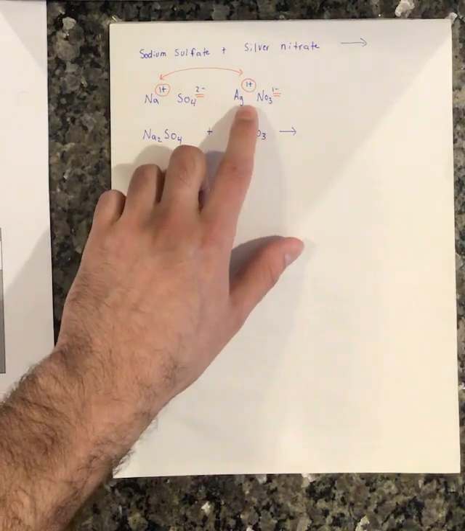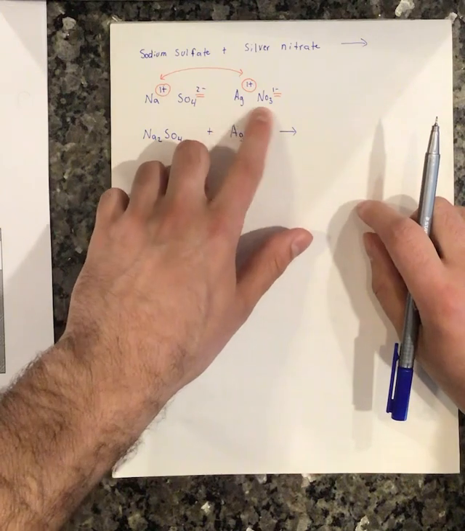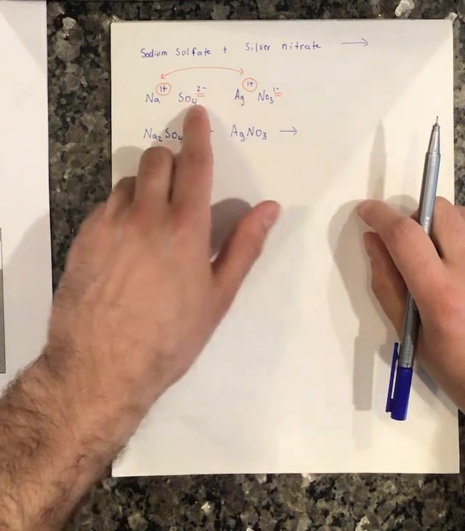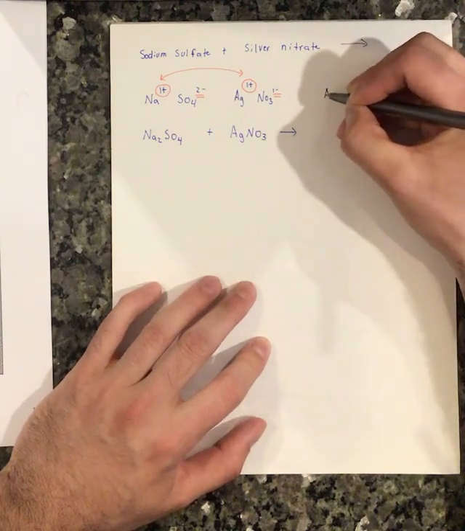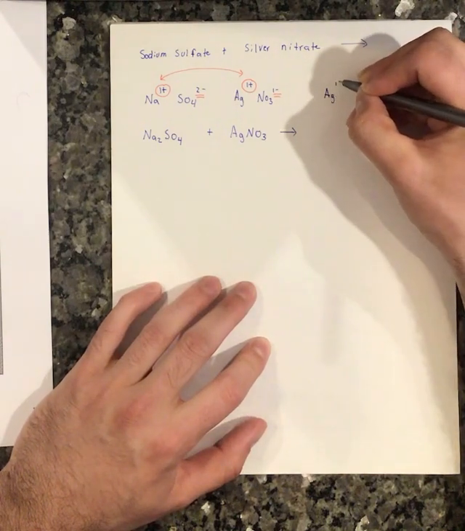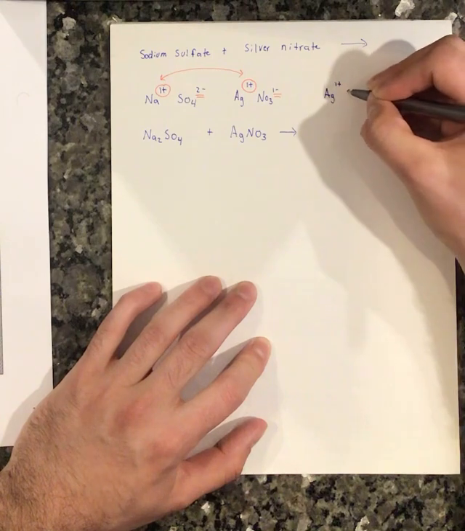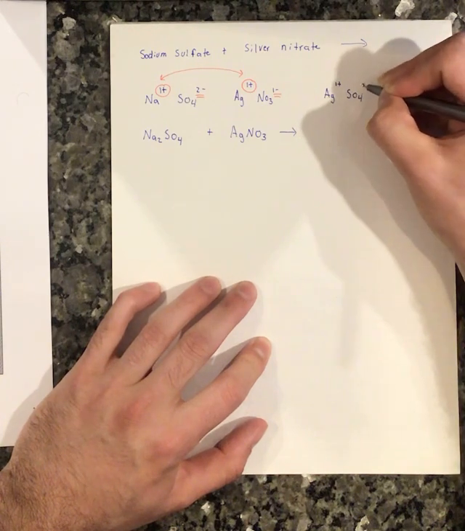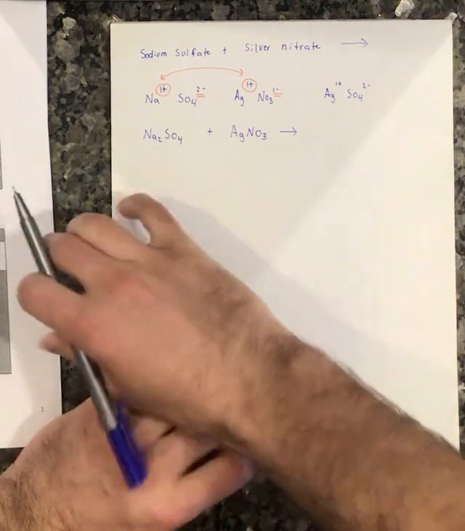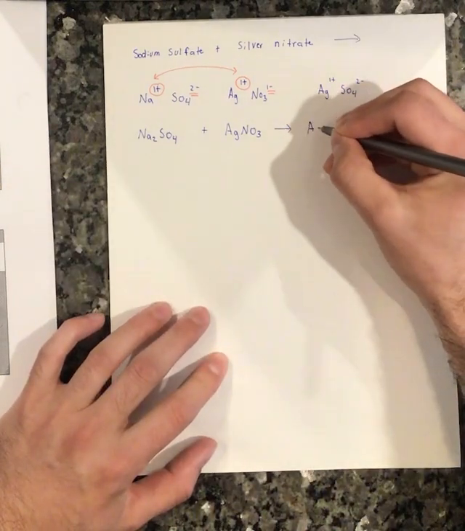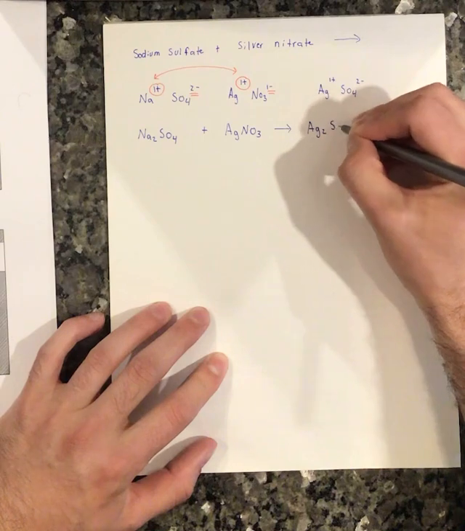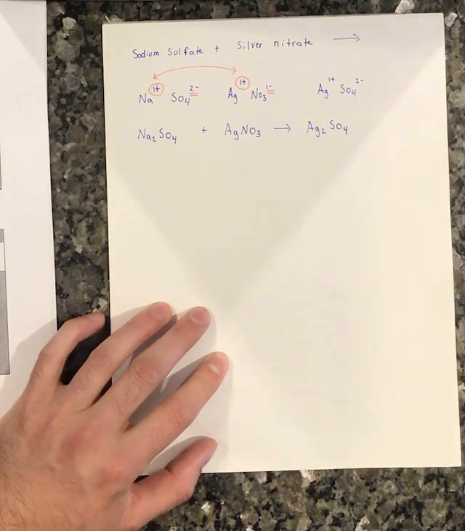So silver, instead of mixing with nitrate, is now going to mix with our sulfate. So I'm going to put Ag, my silver, which is 1+, switching with my sulfate, which is 2-. Once again, with our crisscross, we would get Ag2SO4.